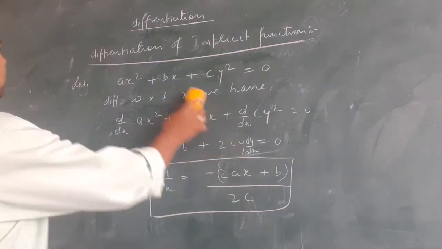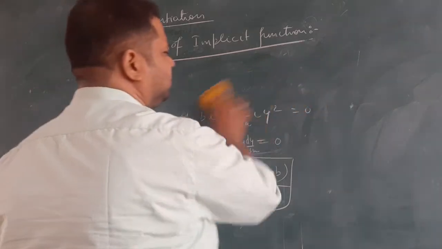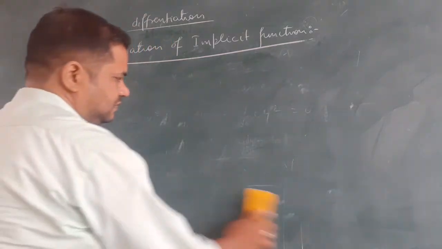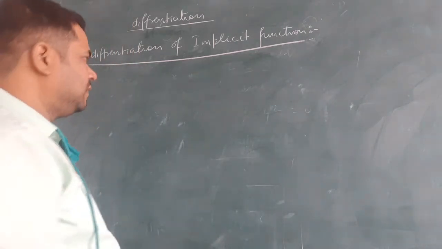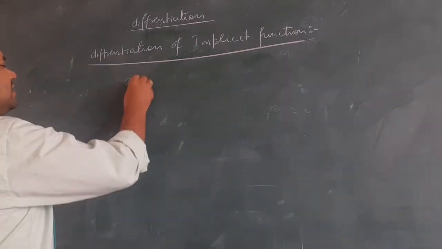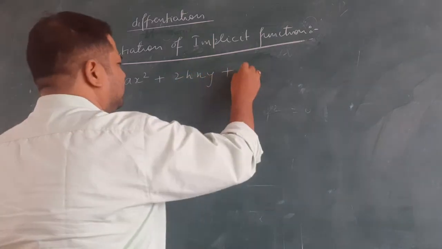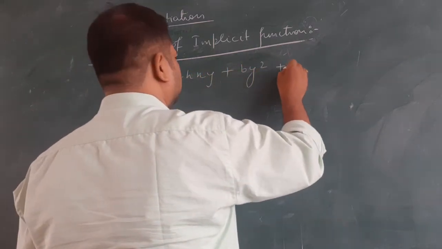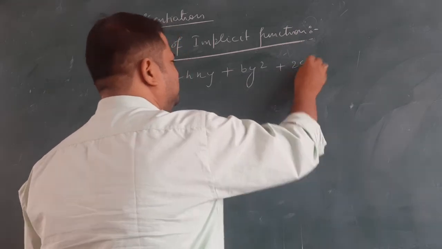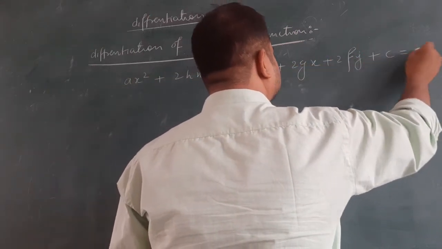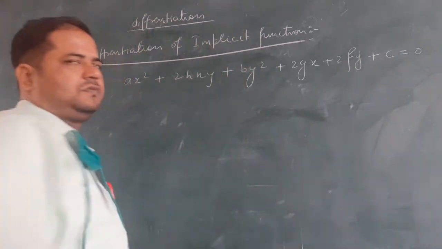Okay, now see another example. ax square plus 2hxy plus by square plus 2gx plus 2fy plus c is equal to 0.